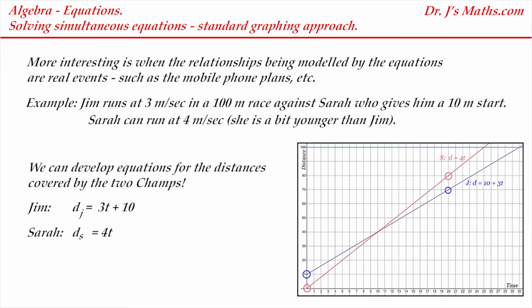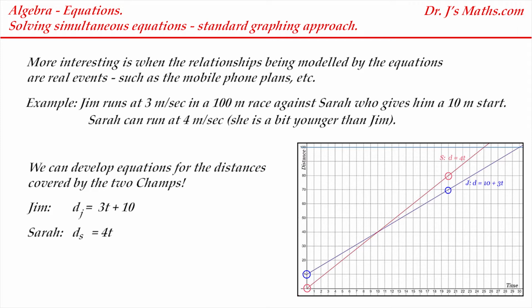For Jim, when we're starting, t equals 0, he's on 10 metres, so we put that point in, and then we go somewhere along the line to say 20, and we say, well, 3 times 20 seconds plus 10 is 70, so we put a little ring around that point and we join those two up.